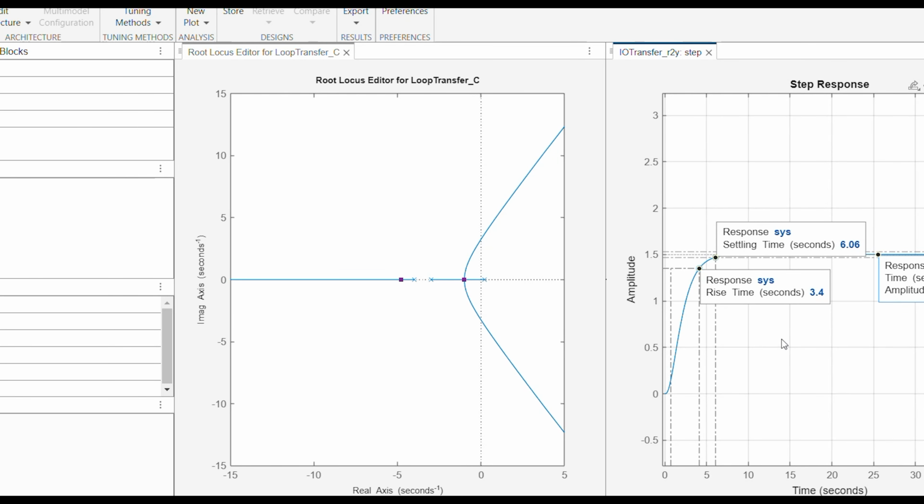Okay, this is for system number 1. So the rise time for system number 1 is 3.4, the settling time is 6.06, and then the excursion is 1.5. So the value for the overdamped is between 7.2 and 74.48.